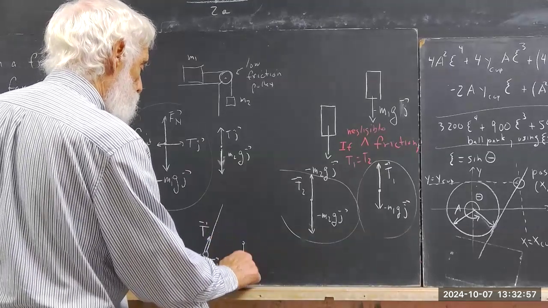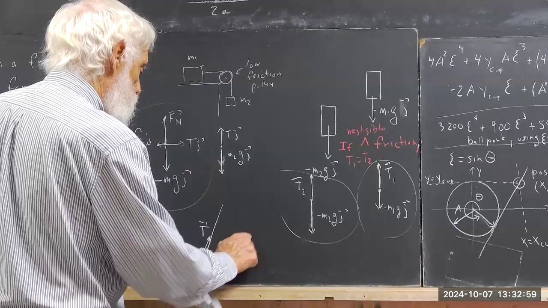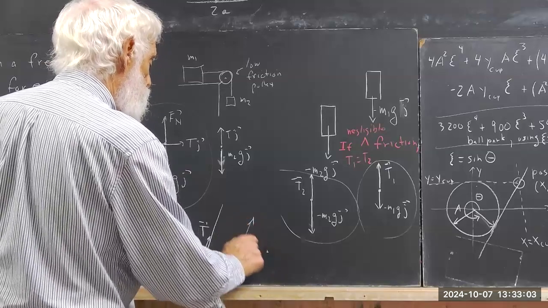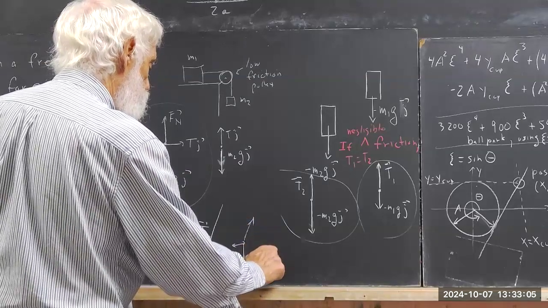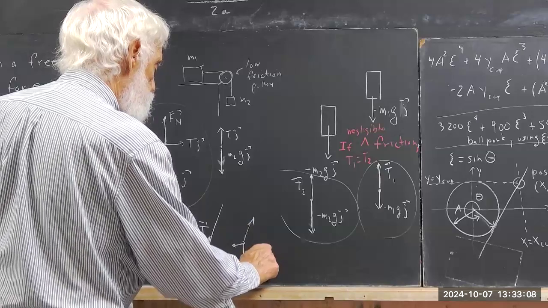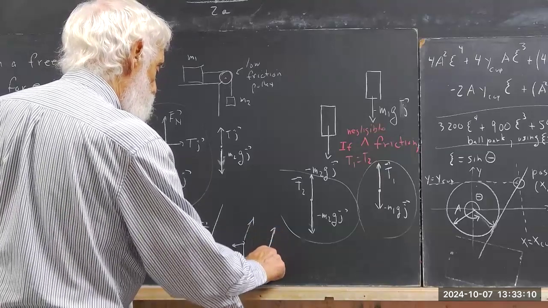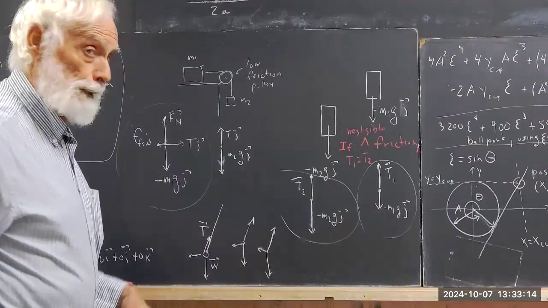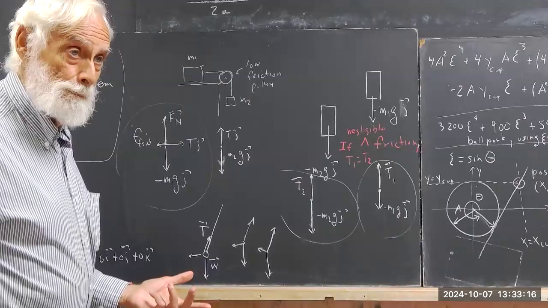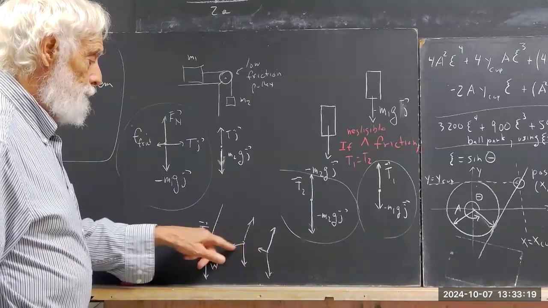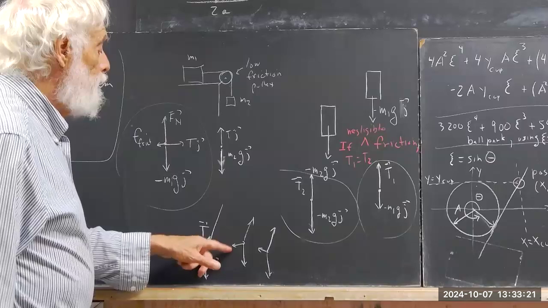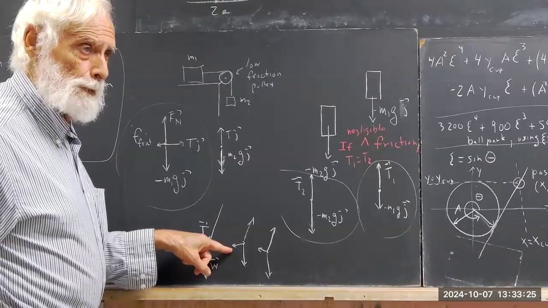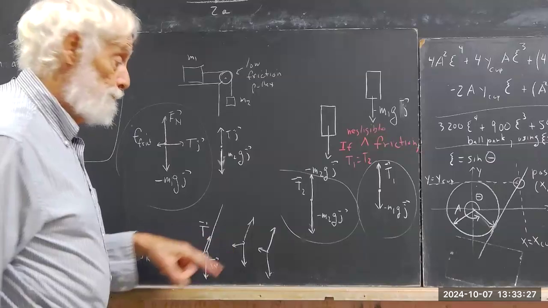Your free body diagram is just this, or maybe this, where this isn't necessarily assumed to be a right angle. Okay. Here's a question about the direction of that point. Taking the simplest assumption that it's horizontal, there's your picture. And that's the picture we're going to want to use for this.